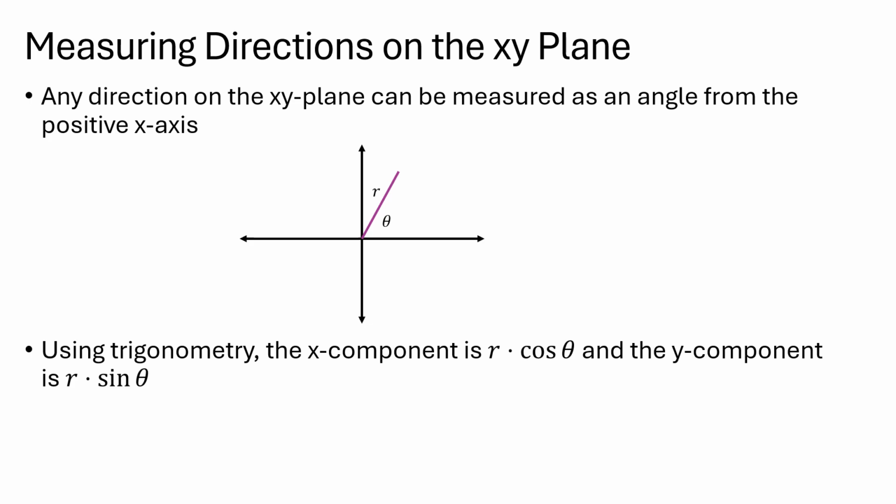So we can represent what part of our diagonal direction is along x by cosine, and what part of our diagonal direction is along y by sine. This will then become useful in calculating directional derivatives.